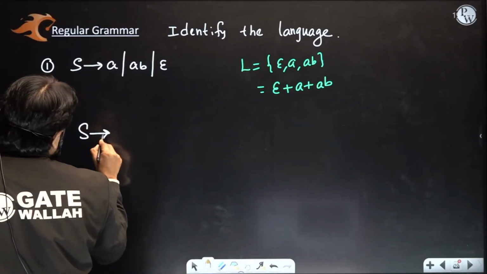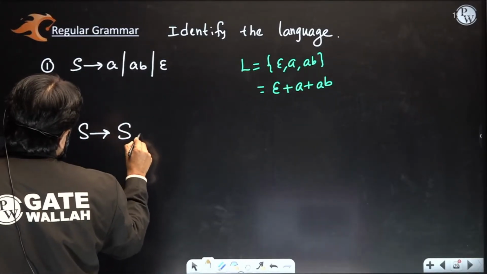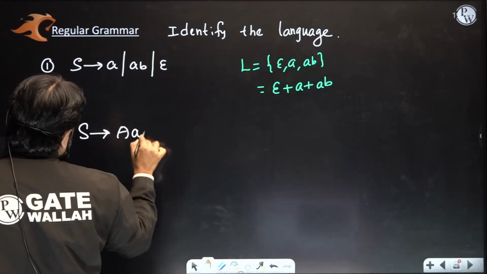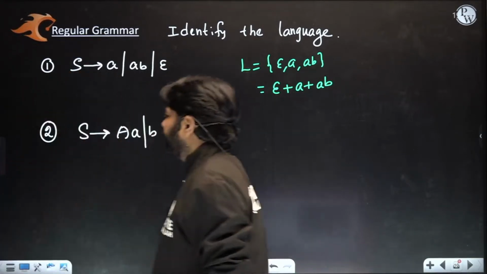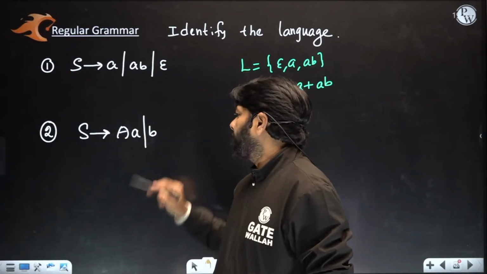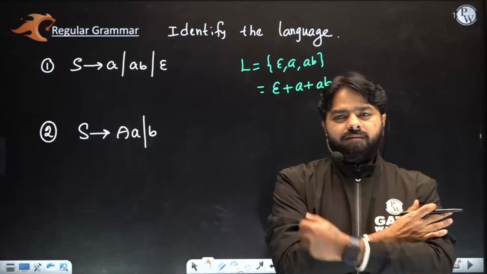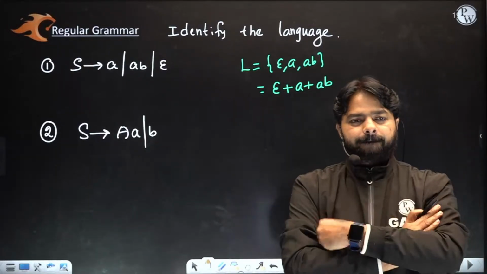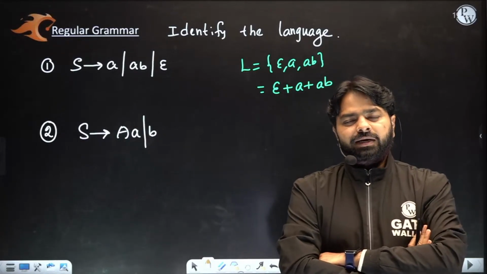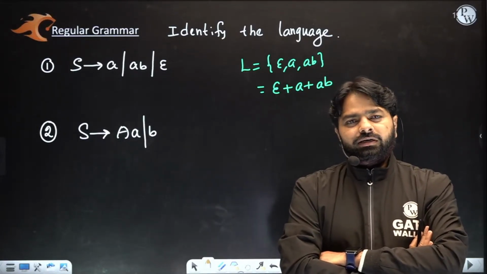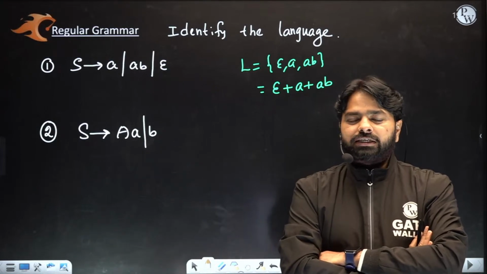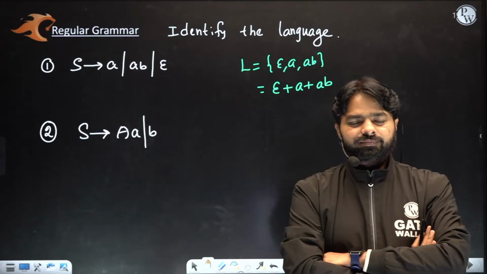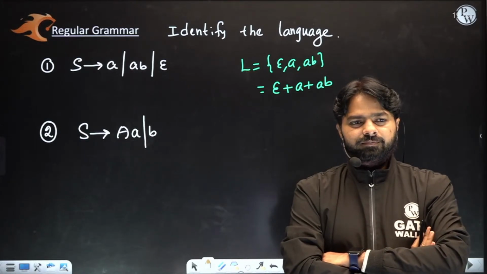S derives A or B. Very simple grammar, which is very important to understand what is useful and what is not useful.